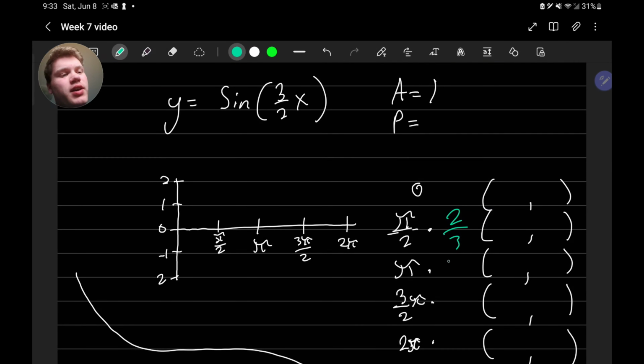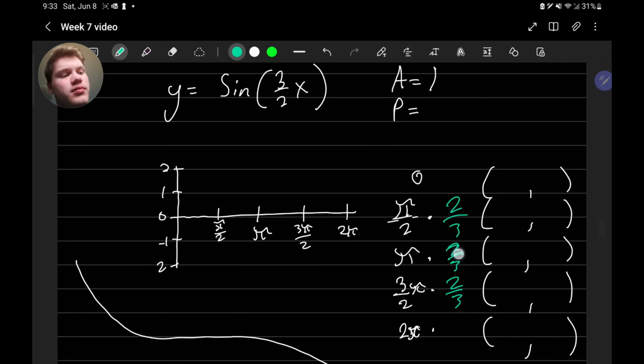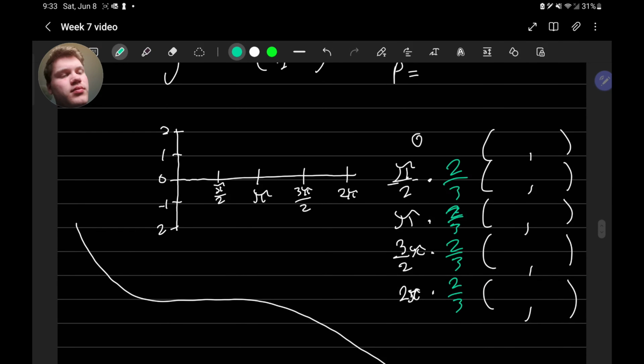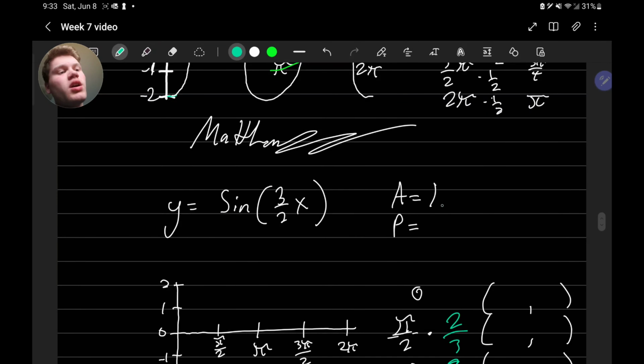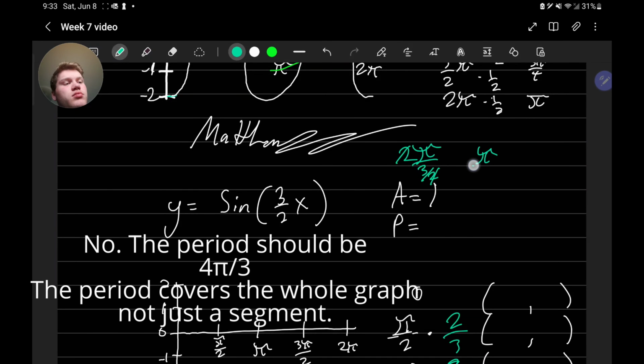Our period is actually going to be 2 pi over 3 over 2, which means that the 2's cancel. Pi over 3.